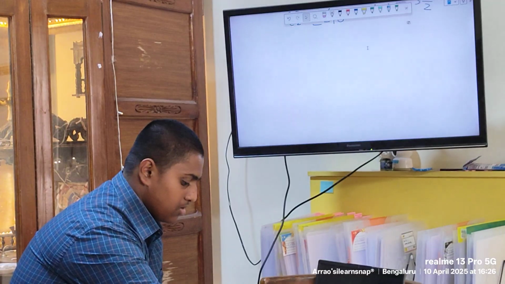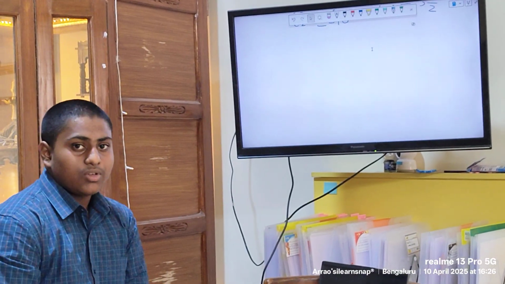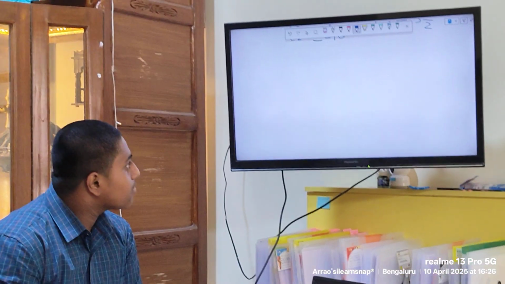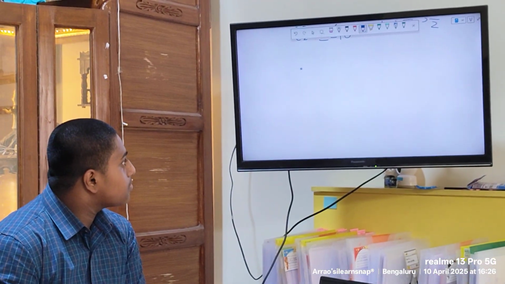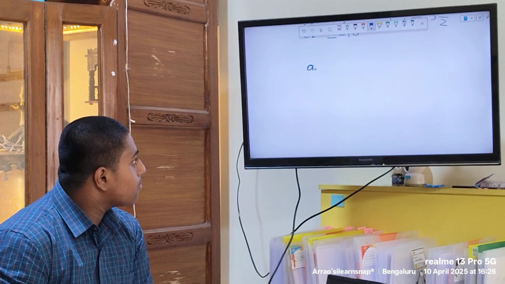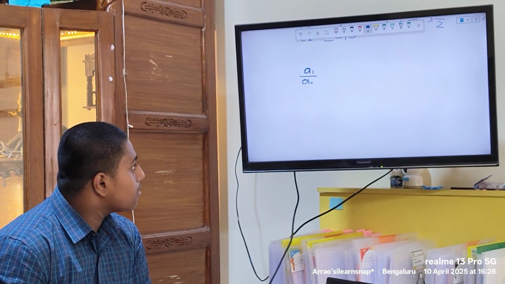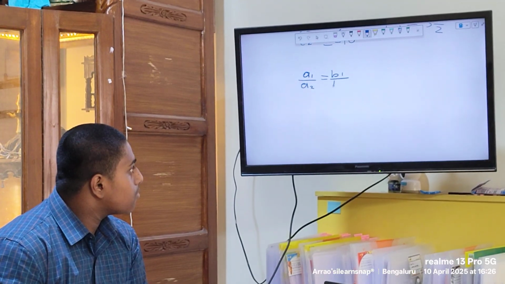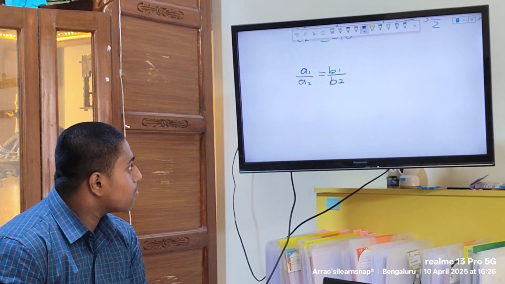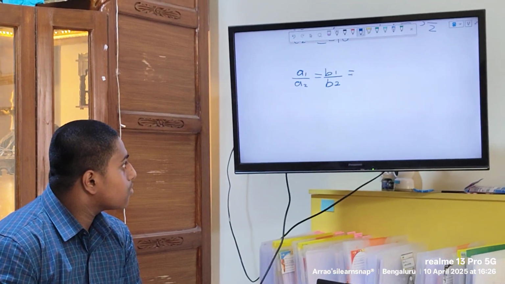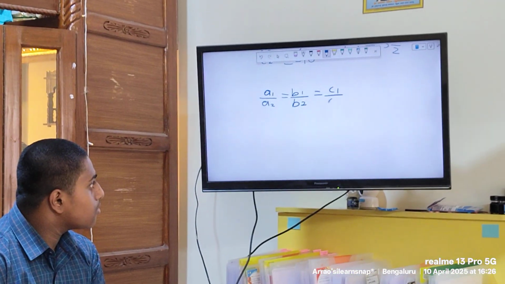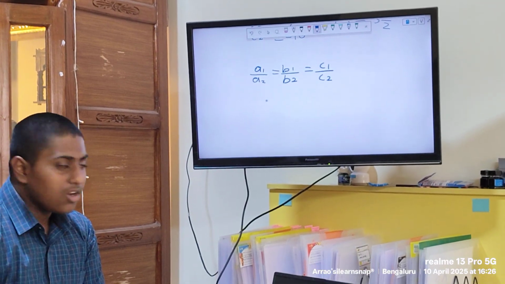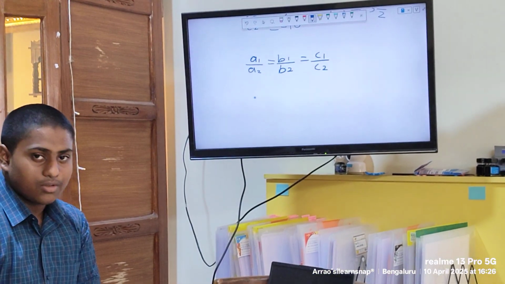So before you write that, you have to write A1 by A2 is equal to B1 by B2 is equal to C1 by C2. Yes, that is the condition. If all three are the same, it is an infinite solution.